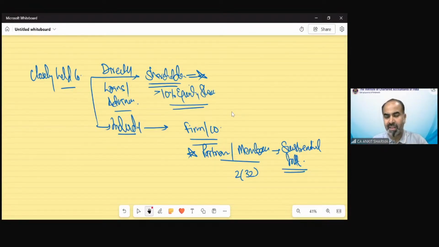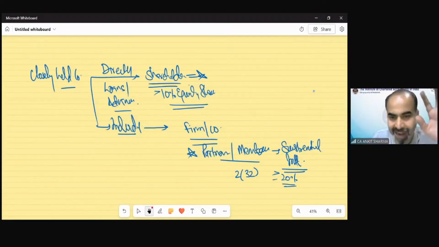Anil is saying 20%, Pooja is saying 20, Soumya 20% or more. Correct, 20% or more. Well done, everyone. So if you are having more than or equal to 20% voting power or profit sharing ratio in any organization, that would also be called substantial interest.